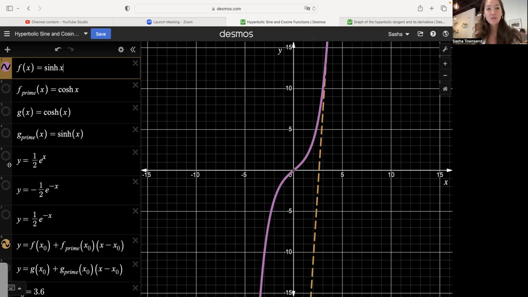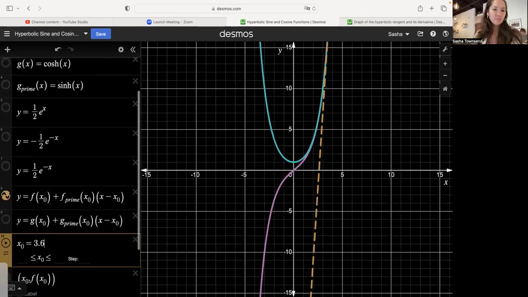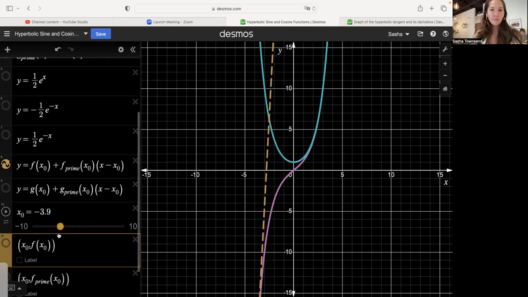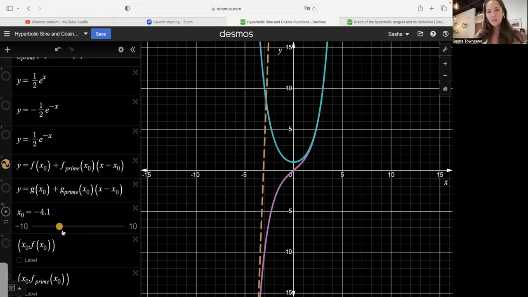When we did the computation by hand, we found that the derivative of hyperbolic sine was hyperbolic cosine, and hyperbolic cosine looks like this. The range of hyperbolic cosine is 1 to infinity, and we see that when we are at sort of large negative x values, the magnitude of that slope is very, very large.